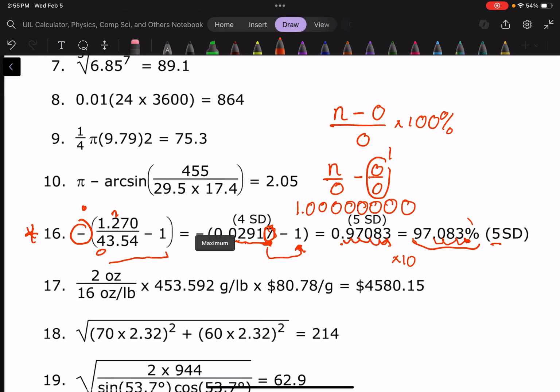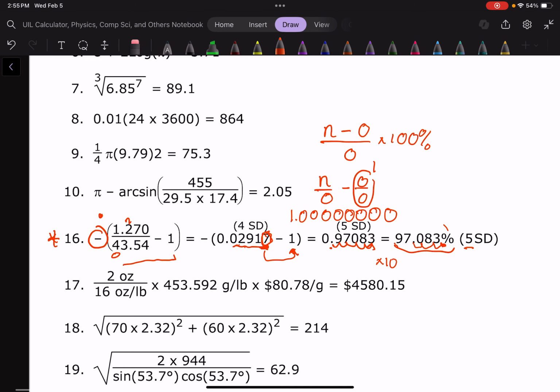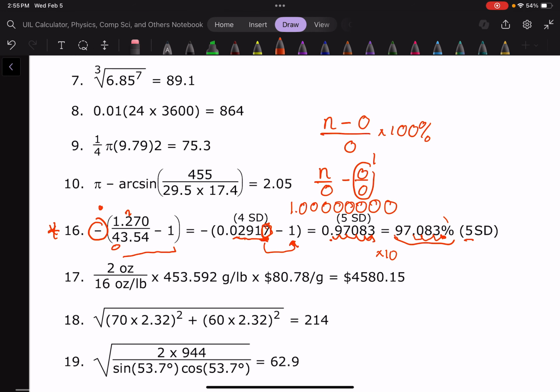Okay, so what happens here? Well, they divide the two numbers. Each one has 4 significant digits, so we keep our answer with 4 significant digits so far. Now, what they're doing is they're subtracting a 1. This 1 here is actually considered an exact value. That means that it's going to be 1.0000000, infinitely many zeros of precision. So when we subtract that, our answer is going to have the least amount of decimal places.